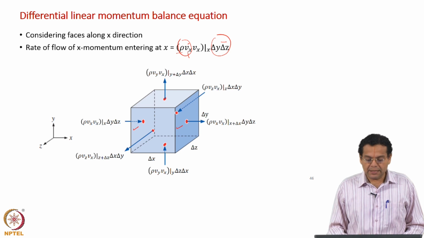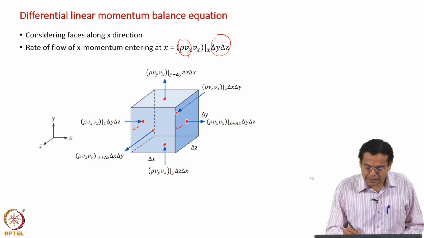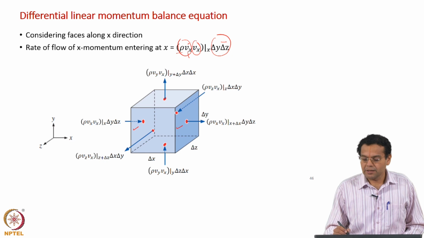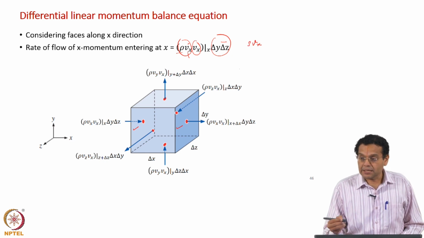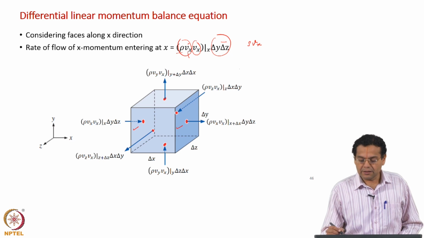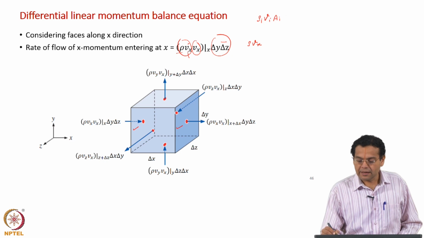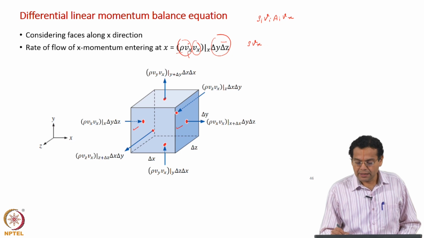We are interested in the x momentum, so multiply with V_x. If you want to write this, rho V_x, as per our earlier nomenclature, earlier we said rho_i and then V_i and then A_i and then we said V_x. If you want to write this along the same way, then rho V_x, area is delta y delta z, and then we have V_x.